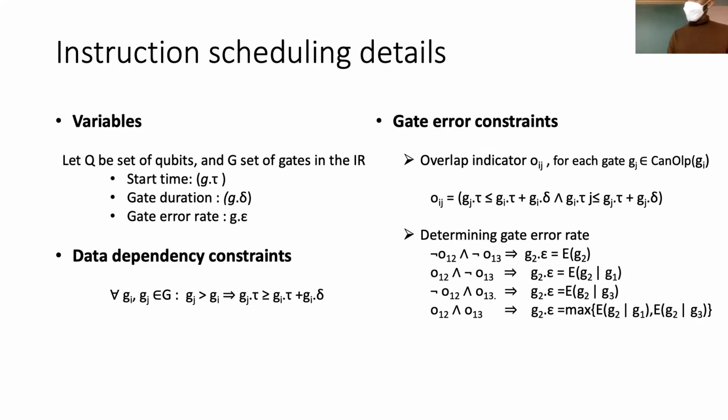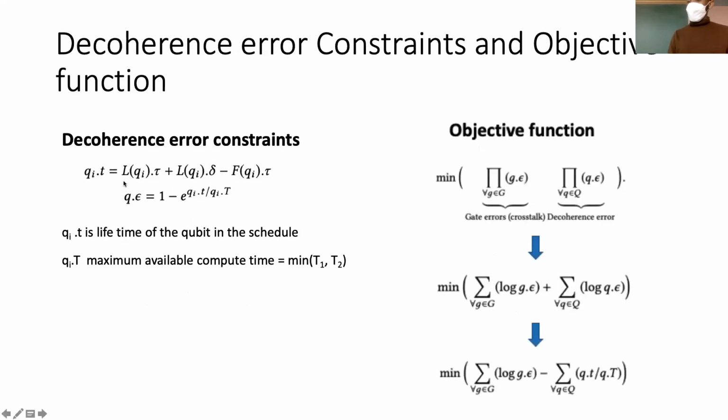Then there is the coherence error constraint. This is the start time of the last gate, and this is the start time of the first gate. By calculating this time difference, we can quantify the coherence error variable. Finally, we have the objective function, which is to minimize the state composed of the gate error and the decoherence error.